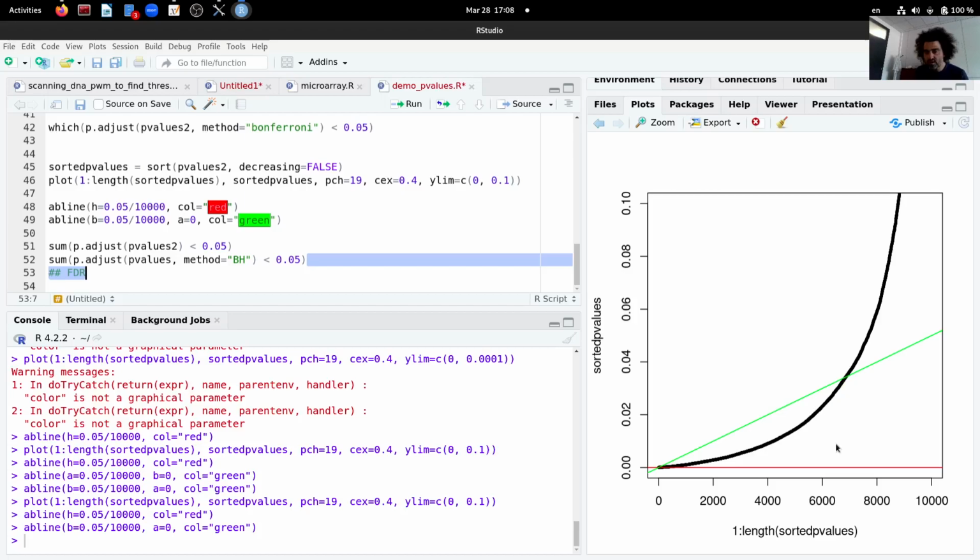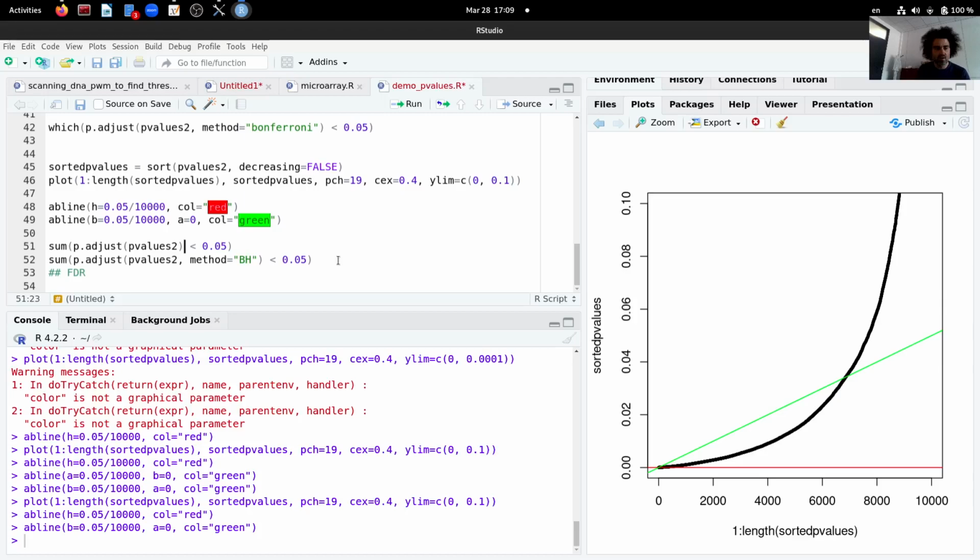Remember that in this example, all of the genes actually come from different populations. So sick and disease people have different means, so ideally we should reject the null hypothesis for all of them, but at least here, as far as I see, we reject the null hypothesis for about 6.5 thousand genes. So let's see that.